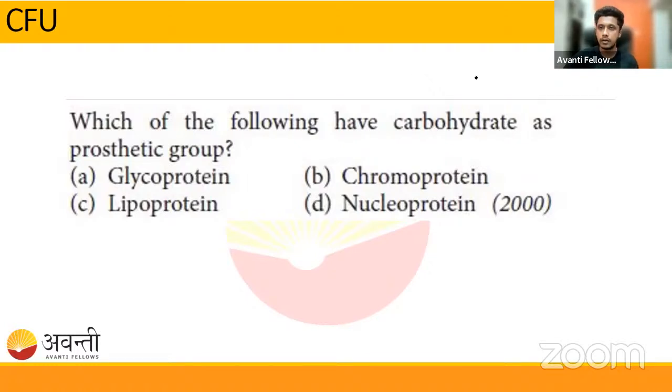Oh, sorry, people. What happened? Where are the polls? Sorry. You have answered C. Only one has answered C, and I can see we have a lot of audience today. Can you see the polls?